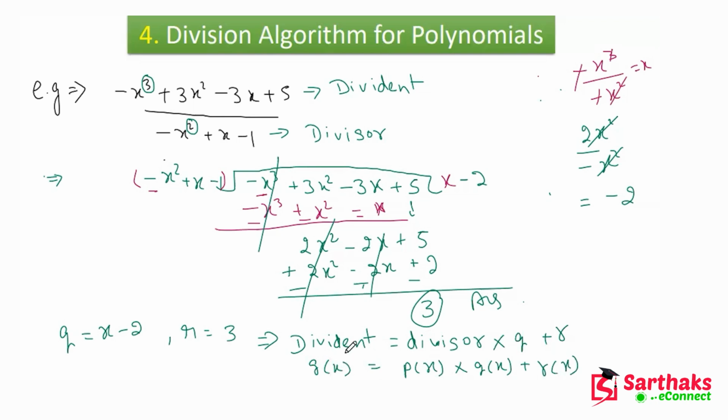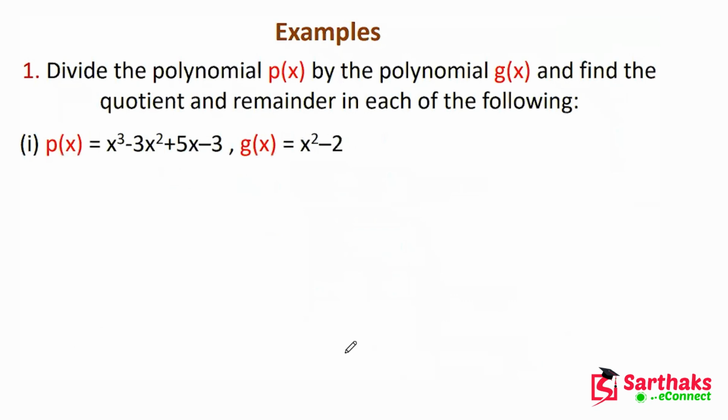I hope you get this point. Now we come to the examples. So what is the first question? Divide the polynomial p of x by the polynomial g of x, and find the quotient and remainder in each of the following.